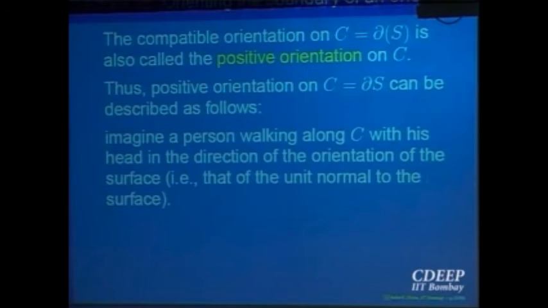You are walking along the surface, and the normal is in the direction from your feet to the head. That is the direction of the normal. Then the surface should be on your left side. You are walking along, here is the normal. If the region is on this left side, then this is the right orientation. It's compatible with the normal going up. You are walking in this direction.